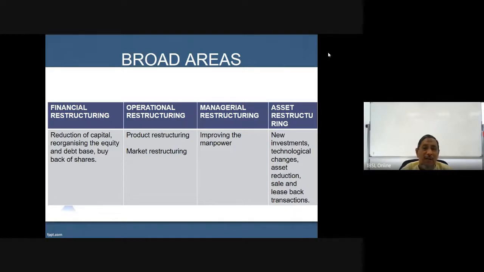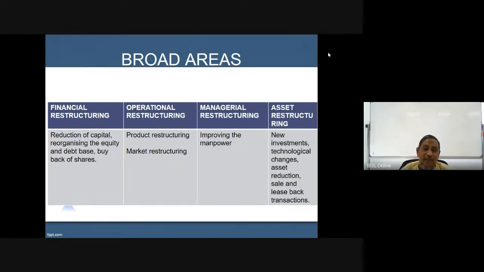Okay. And asset restructuring includes new investments, technological changes, reduction of assets, sale and leaseback transactions. Asset restructuring is needed if the asset turnover ratio is low, to improve the asset turnover ratio and change the asset position.